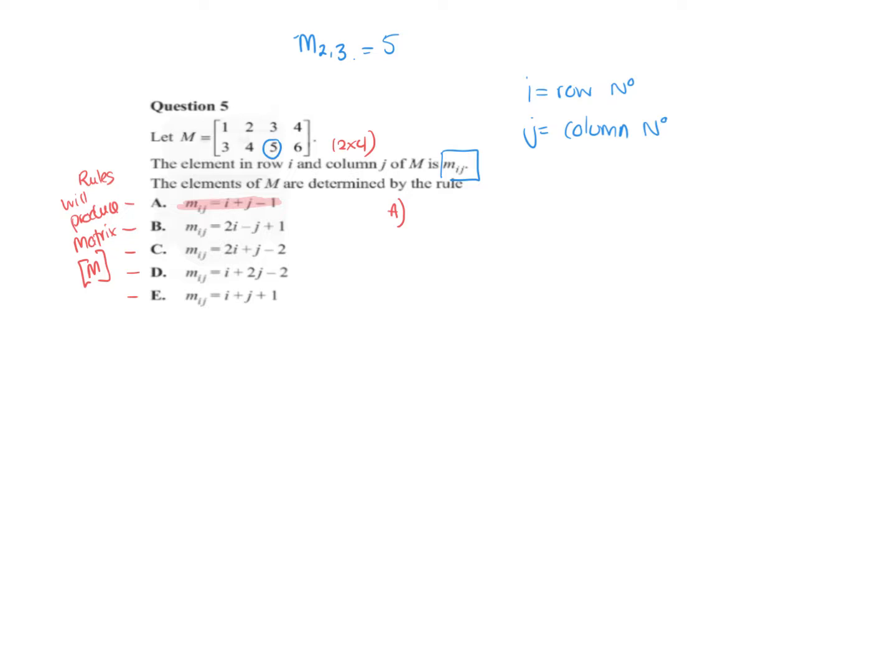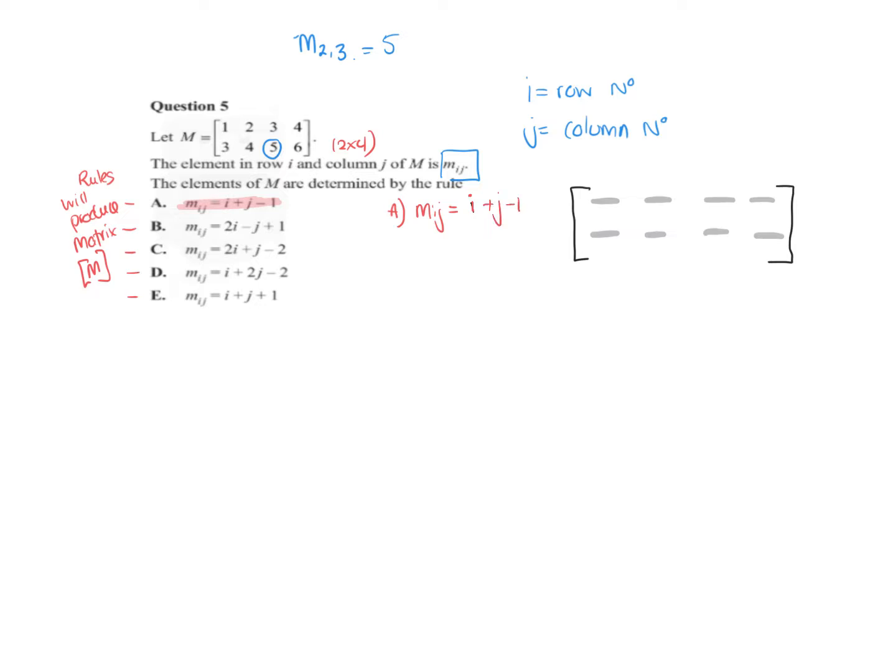The rule says that if I'm trying to fill in the matrix, over here I would have a 2 by 4, so I'm going to have 1, 2, 3, 4, and 1, 2, 3, 4, so I'm going to put in those 8 answers. They're telling me the rule to work out those elements is i plus j minus 1.